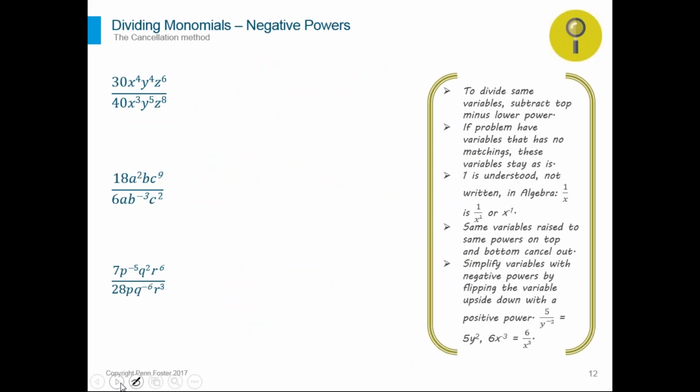Now let's do more examples, but this time we will have to deal with negative powers. So negative powers are just exponents, but instead of, for example, a 6 here for the z, you may see a negative 6. So let's see the set of rules that goes with negative powers if that is what we have to deal with in this question.